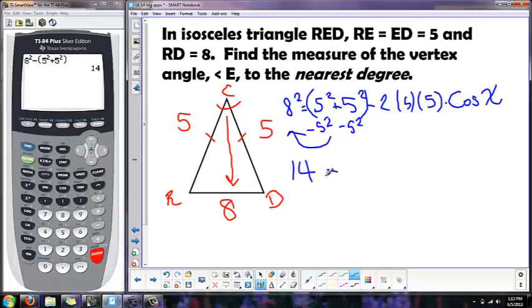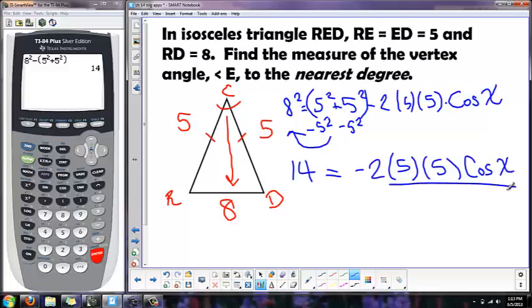14 is equal to negative 2 times 5 times 5 cosine of x. Now, in order to solve this for cosine, you have to divide by all this stuff. 5 times 5 is 25, and multiply that by 2 is a negative 50. So I know that it's a negative 50, but I'm just trying to prove a point about how you can just plug this stuff into your calculator really easily.